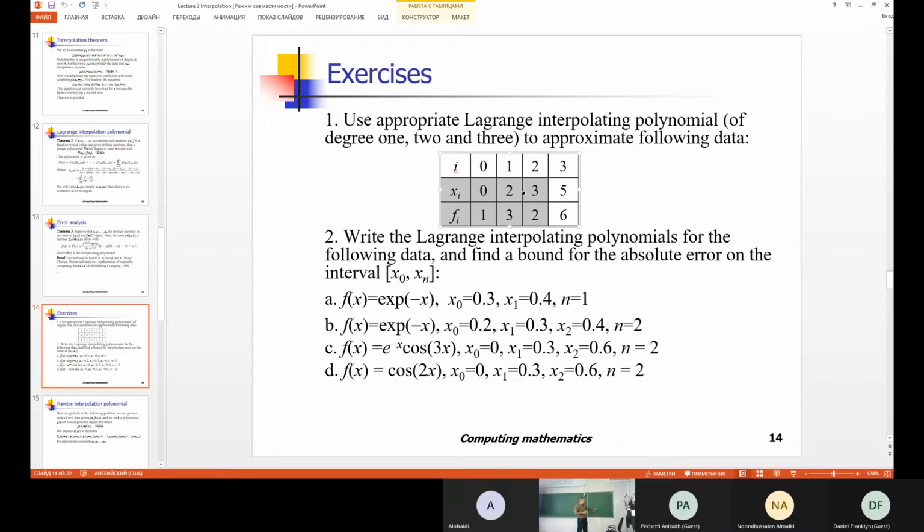We have 22, 14, minus 14x plus 6, over 6.